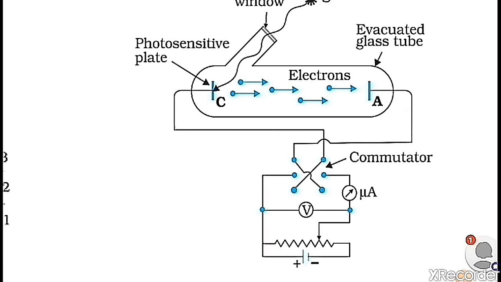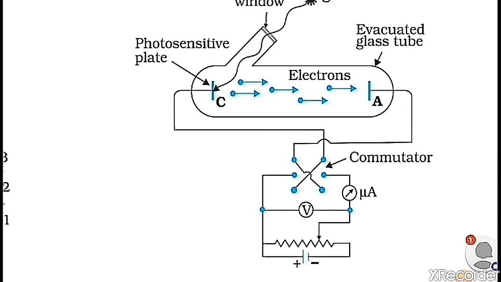The interpretation of this observation in terms of photoelectrons is straightforward. You must remember that all photoelectrons emitted from the metal do not have the same energy.